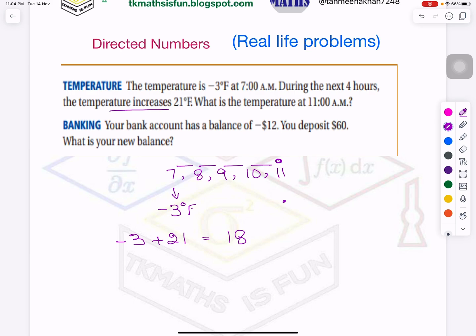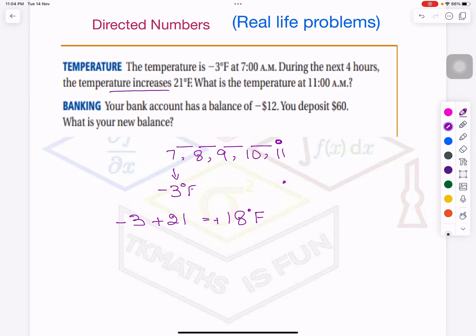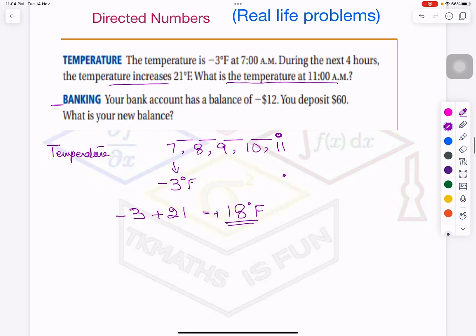So now the bigger numeral is 21. Its sign is plus, so it will be plus 18 degrees Fahrenheit. Okay, so what is the temperature at 11 a.m.? 18 degrees Fahrenheit. Now let's see this question of banking. This was related to temperature, so you can understand how directed numbers are related to real life problems.